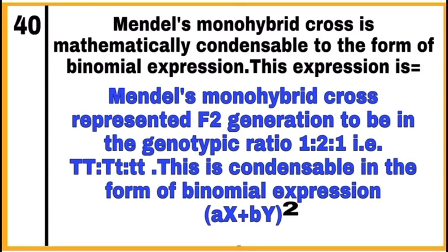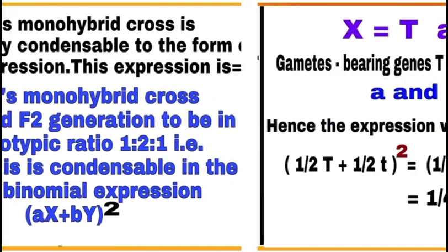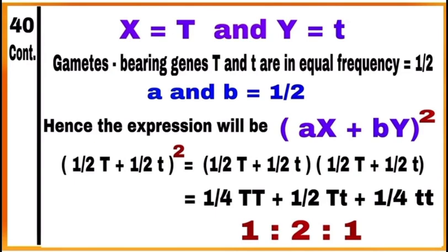This is condensable in the form of binomial expression ax plus by whole square. Here x is equal to capital T and y is equal to small t. Also, gametes bearing genes capital T and small t are in equal frequency, that is 1/2. Half of the gametes will be with capital T and half will be with small t.